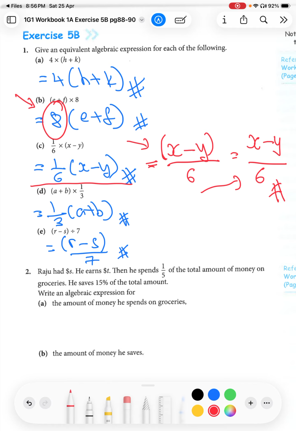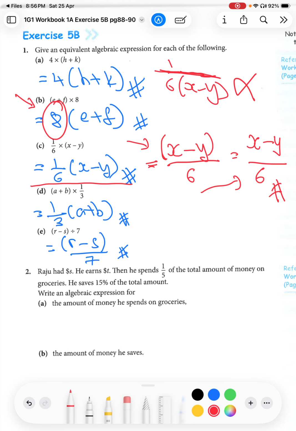Since there's no number in front, and the fraction you can write on top. If you times a fraction, you can write on top. Right at the side and right on top is the same. If you write at the bottom like this, it is wrong. You cannot write at the bottom, only on top or at the side.